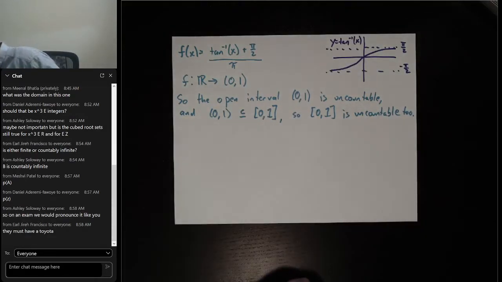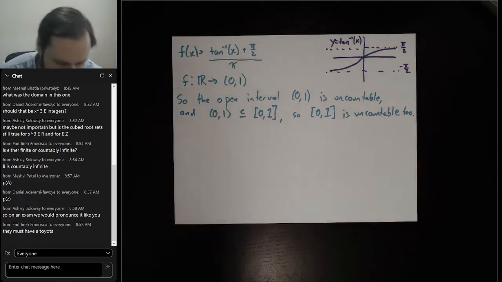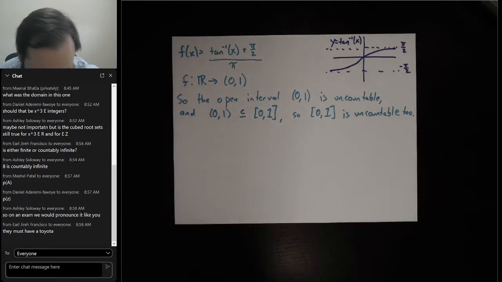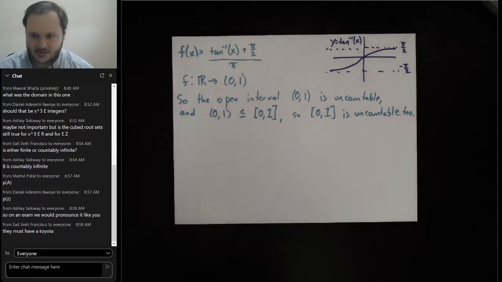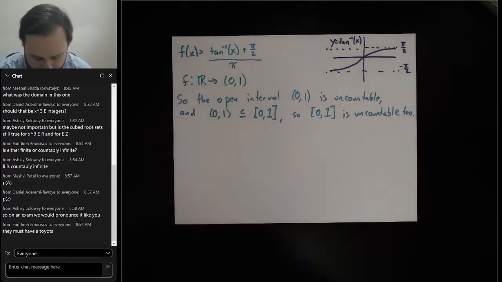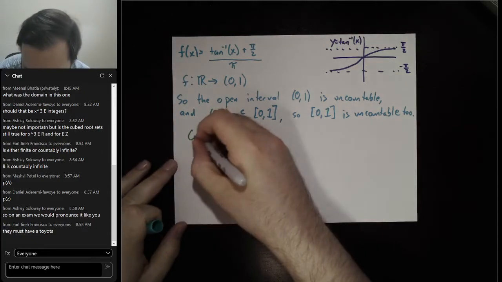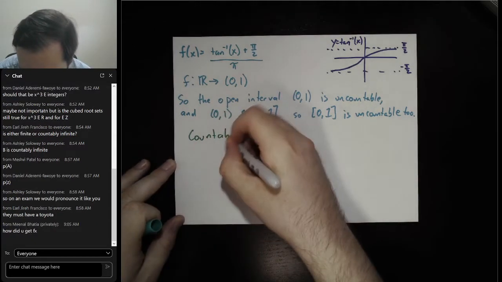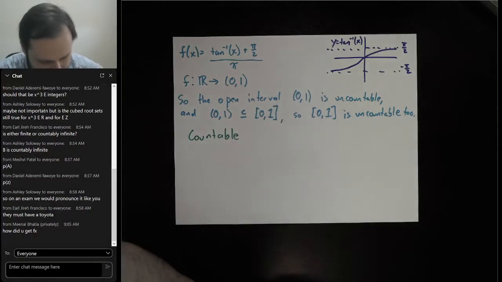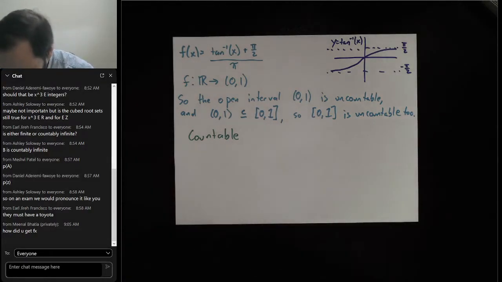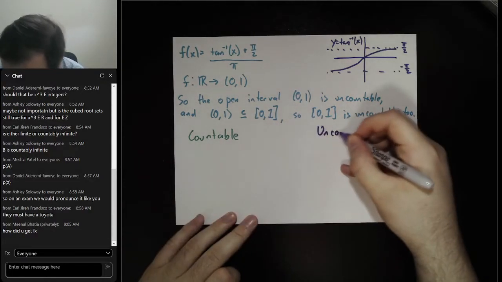So this gives us a nice list of countable, uncountable, and finite sets. Countable sets, uncountable sets.